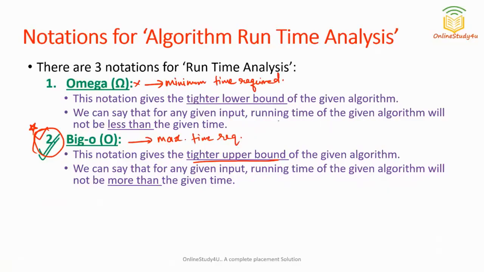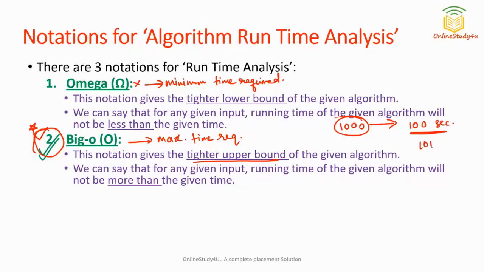Now again, let us take the same example. If we want to sort 1000 numbers, and we have performed some tests and found that the maximum time it is taking is 100 seconds. Now in the worst case also it won't exceed this 100 seconds.